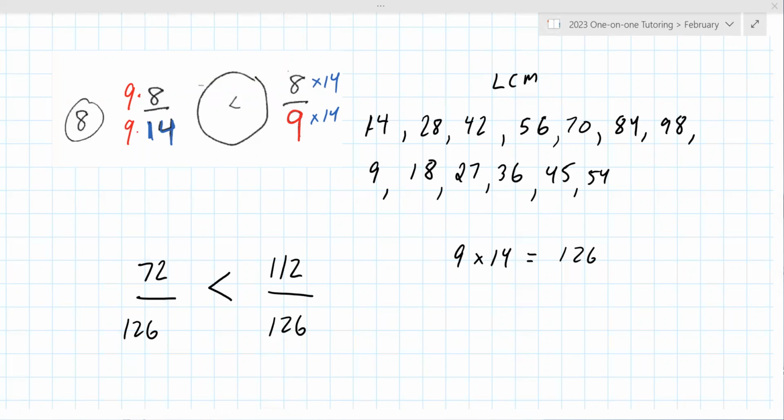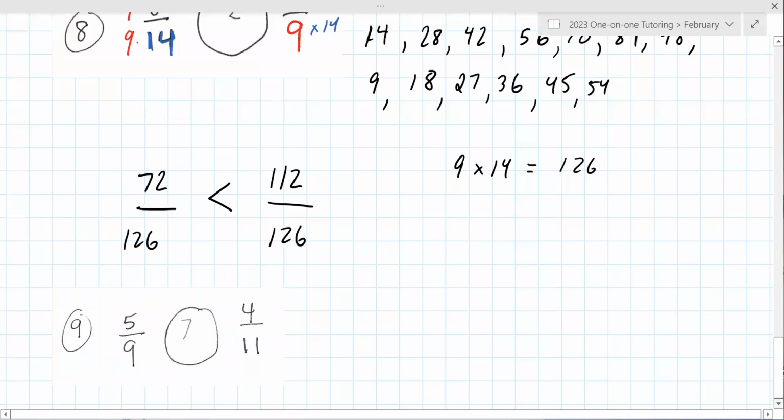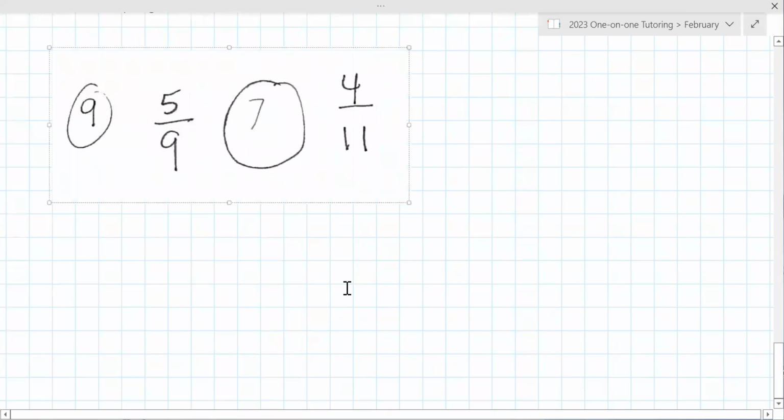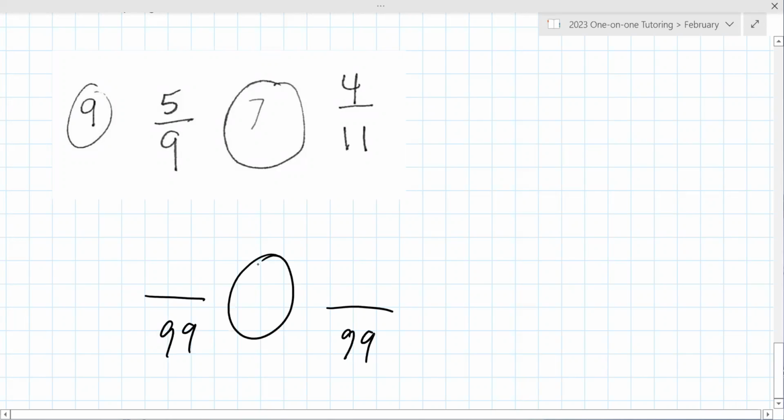So for number 9, do the same thing here. This one, you're going to end up multiplying them. So give me the 2 numbers that go in the top and bottom.